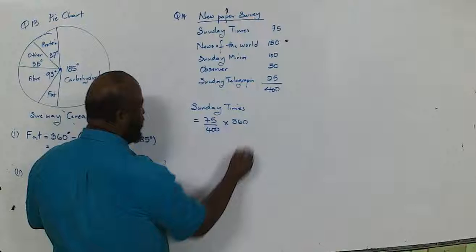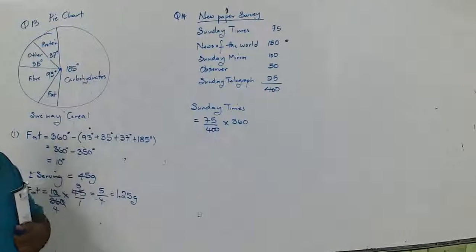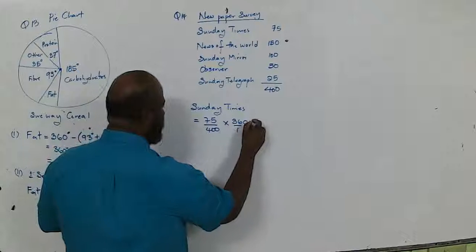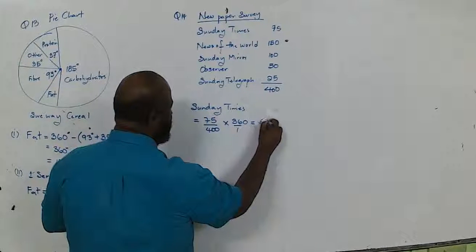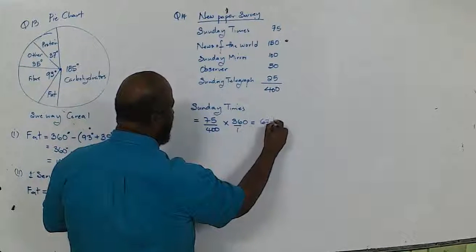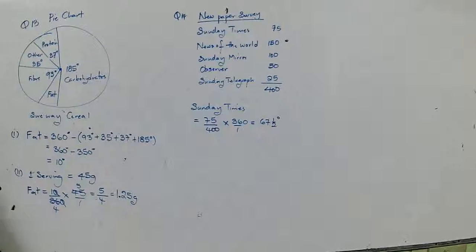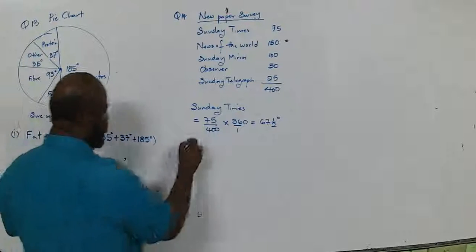Of 360. If you work this out, you're going to get 67 and a half degrees. So Sunday Times, which is 75 people, is getting 67 and a half degrees out of 360. Stay with me.